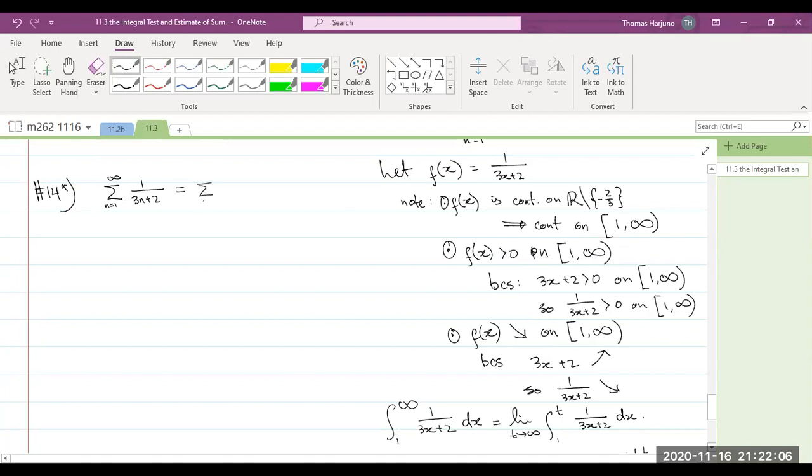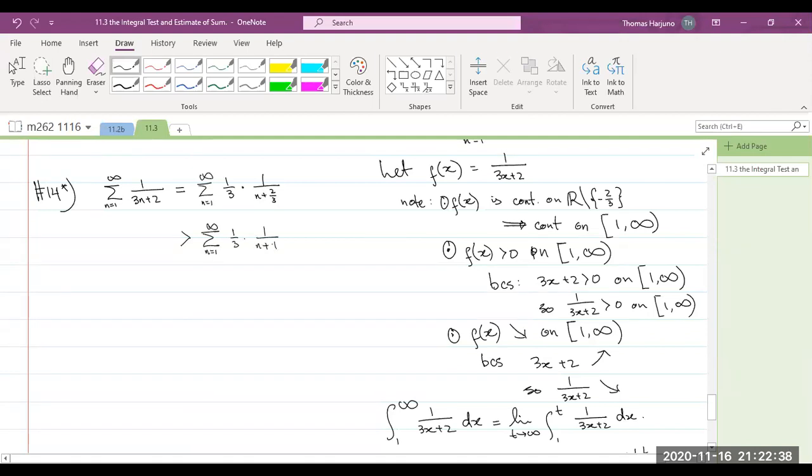let me factor the 1/3. 1/3 times 1 over n plus 2/3. Is it right? But this must be greater than 1 over n plus 1.